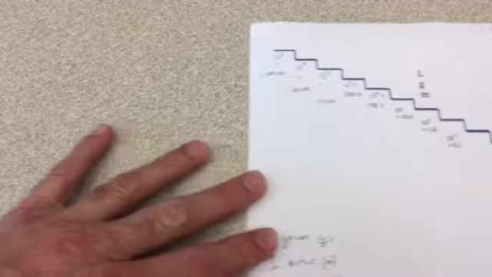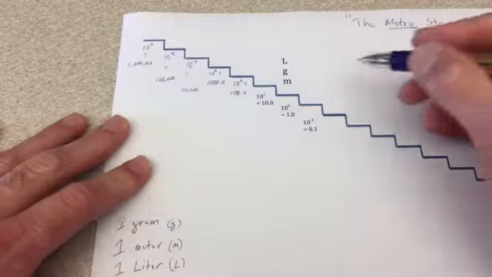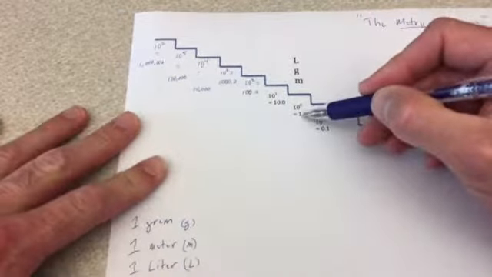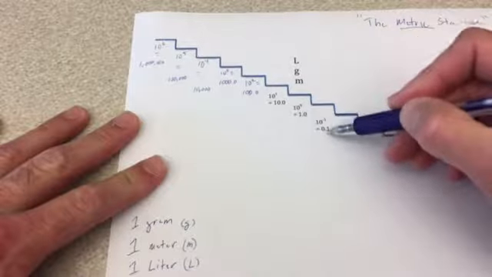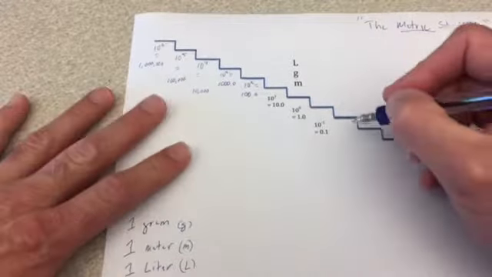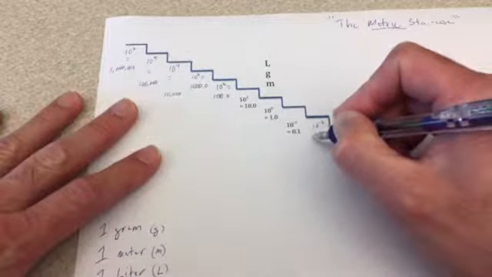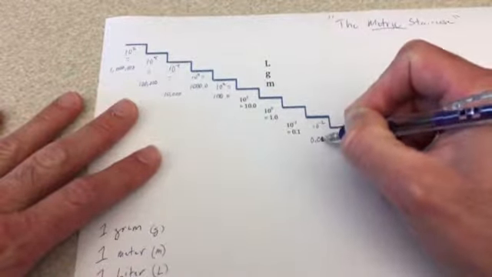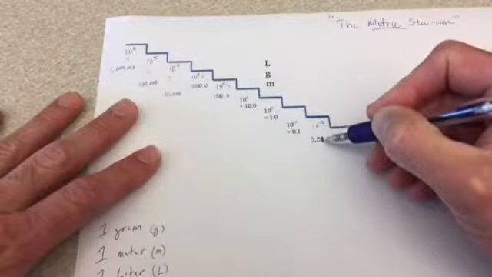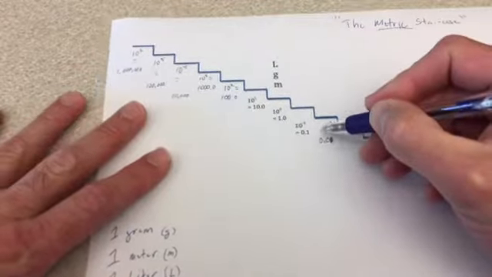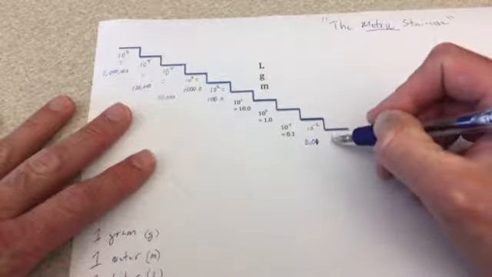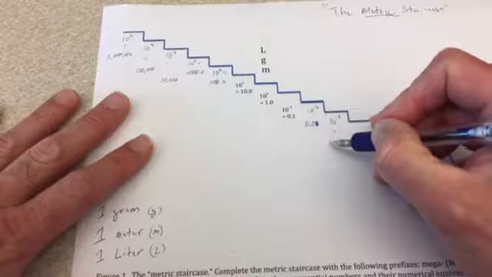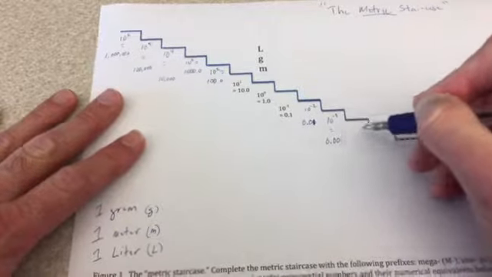We can also go the other direction. 10 to the negative 1 power, let's move the decimal place over 1, is 0.1, so 1/10. 10 to the negative 2 is 0.01, 1/100th. So the 1 is in the 100th place, and here it's in the 10th place. 10 to the negative 3 is 0.001.